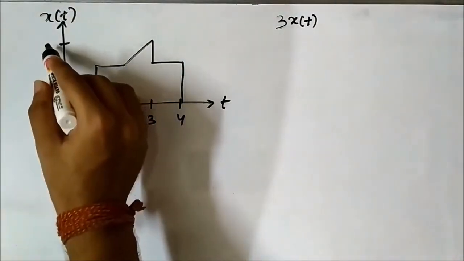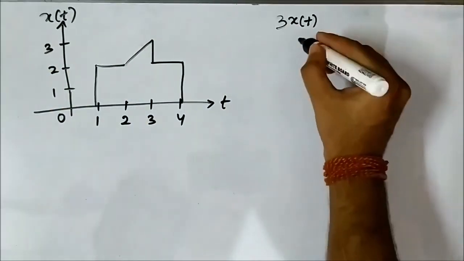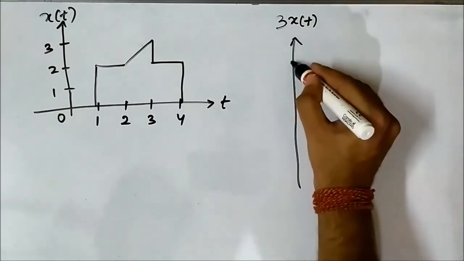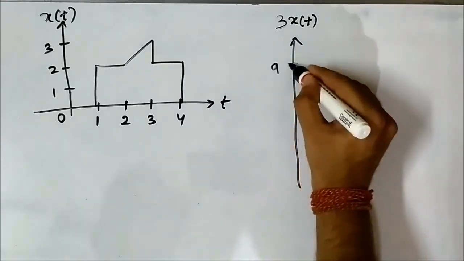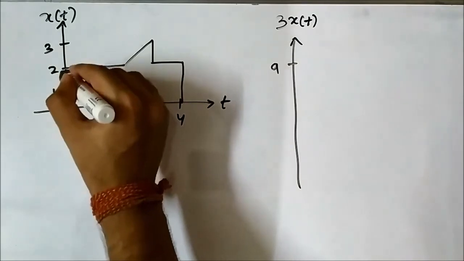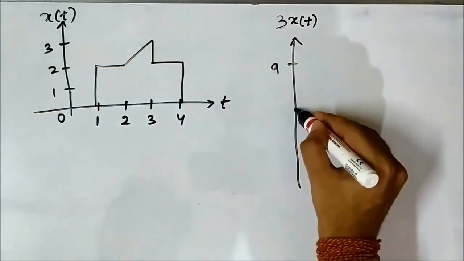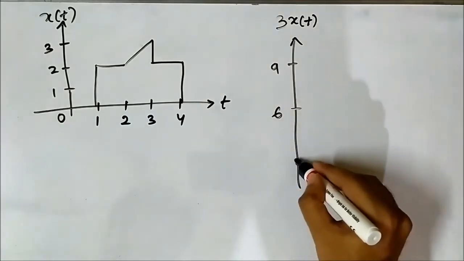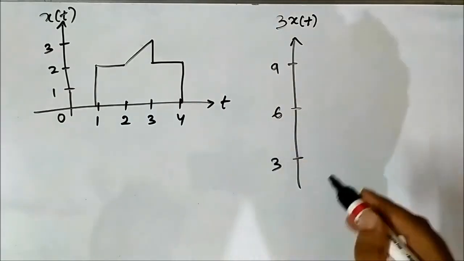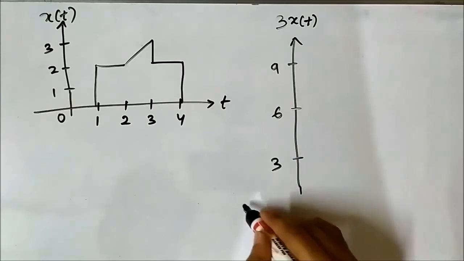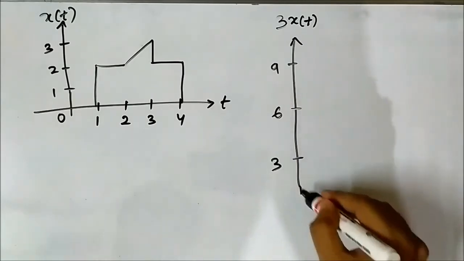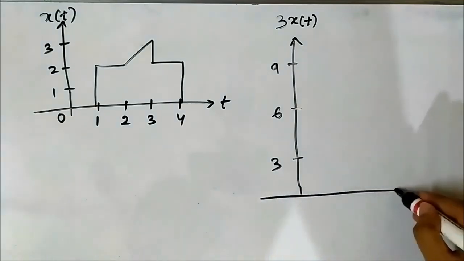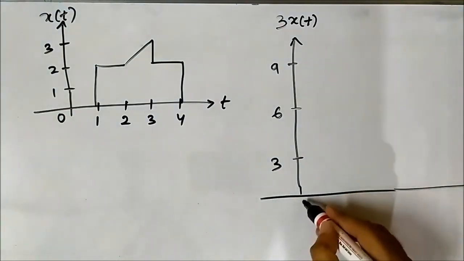So here the peak amplitude is 3, in this case the peak amplitude will become 9, and then subsequently 2 will become 6, then 3. I am not showing all the points, I am just identifying the signal variations, and at those points we will make the changes.